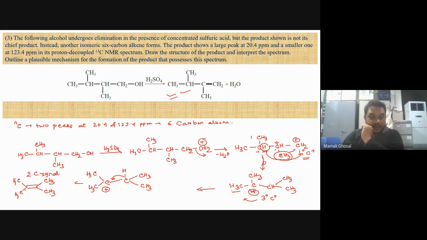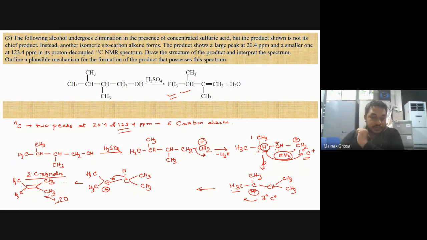Whatever I have told you, whenever you are given carbon signals, count how many different carbons are there in the molecule. I see that 2 carbons are there, which suggests that the data I have given actually matches, because the methyl carbons come below 20, nearly 20, and this double bond alkene carbon comes almost about 120.